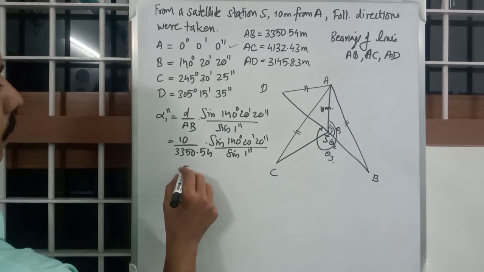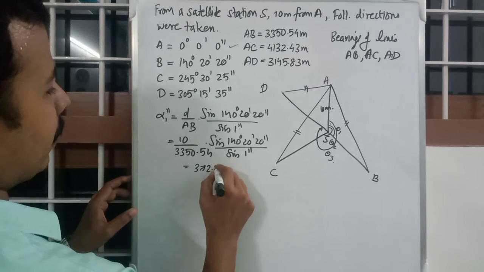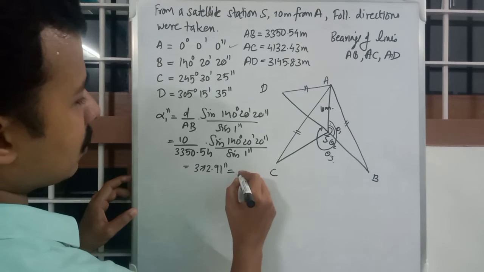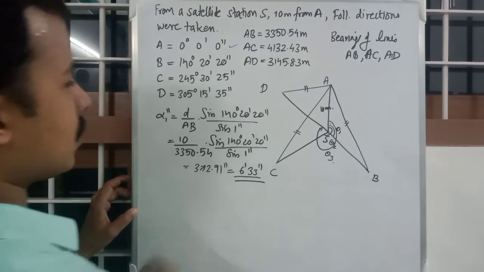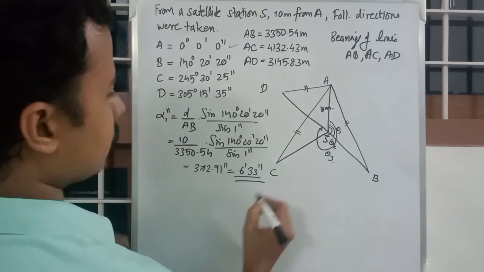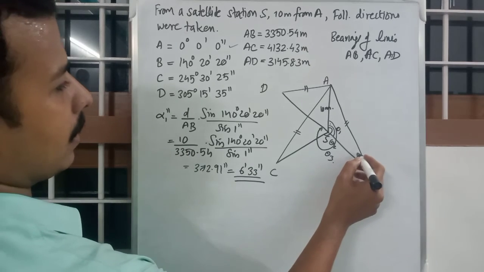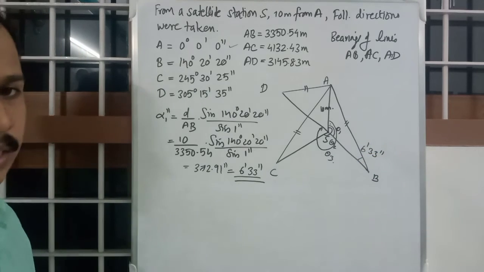That is 372.91 seconds, and from the calculator you get it as 6 minutes 33 seconds. So we have alpha 1 as 6 minutes 33 seconds.